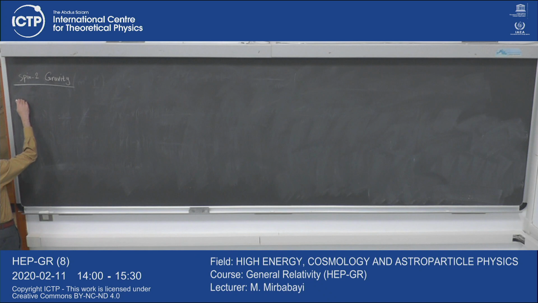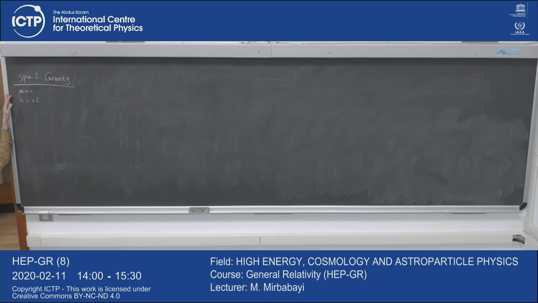Okay, so we want to consider a particle which has a mass equal to 0, and we said that particles with mass equal to 0, when we study the representations of Poincare, are classified by the helicity, and this particle has a helicity plus minus 2. Remember, to define helicity, we use the method of induced representations.